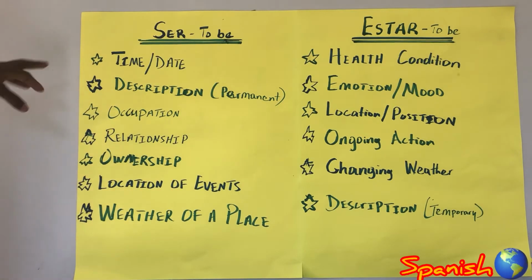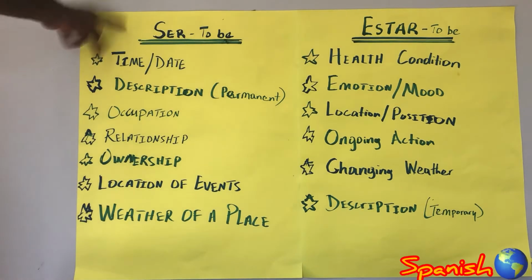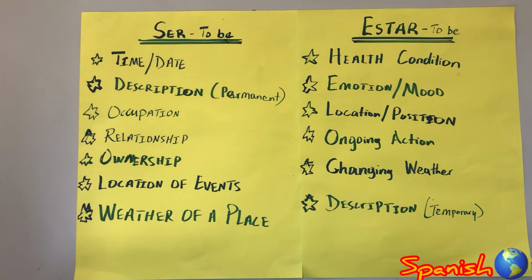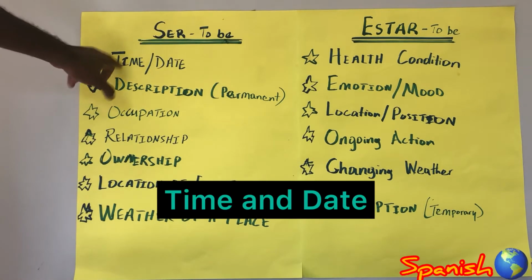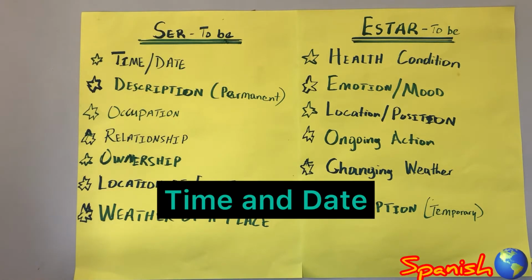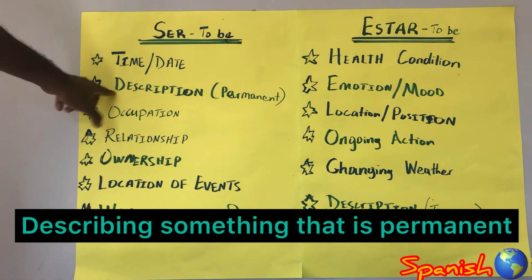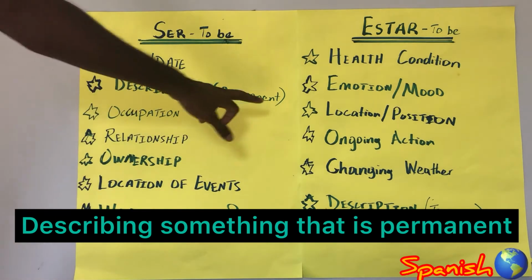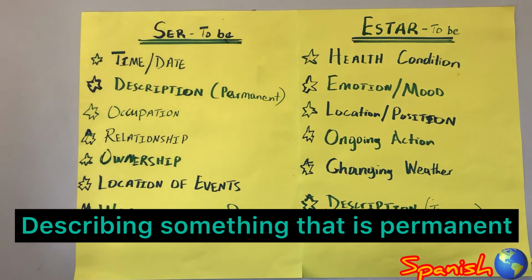Now, I'll be listing the instances or situations or cases in which you would use the verb ser. Let us begin. You would use ser when talking about time and date. When describing something that is permanent.